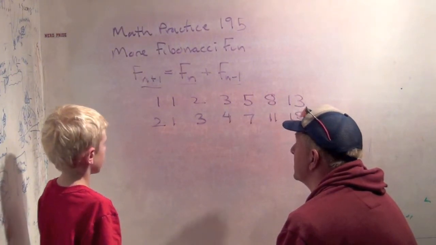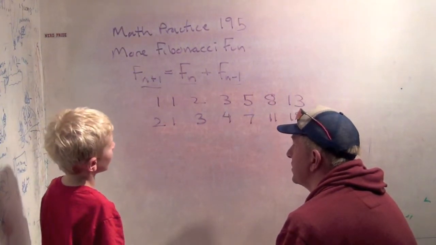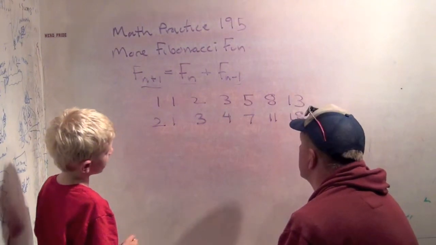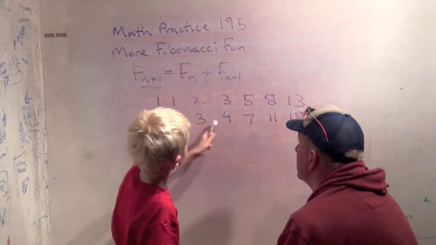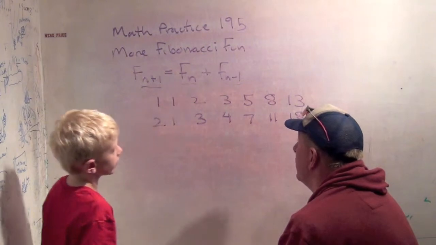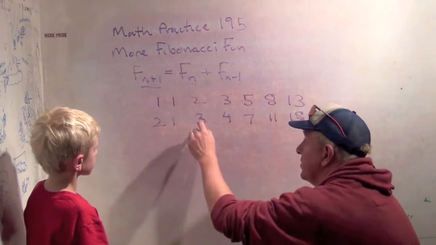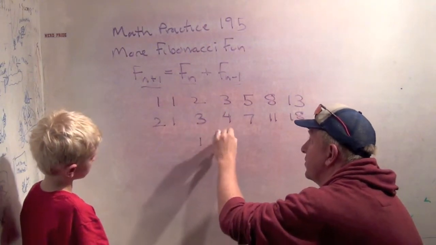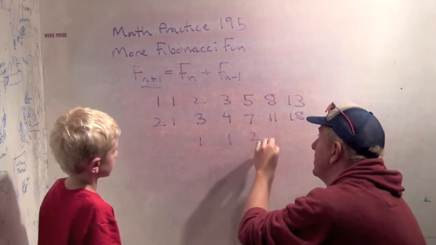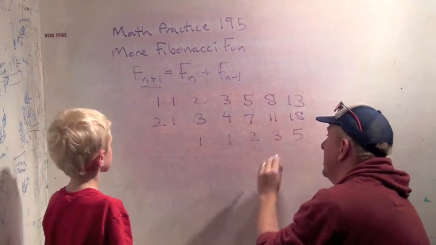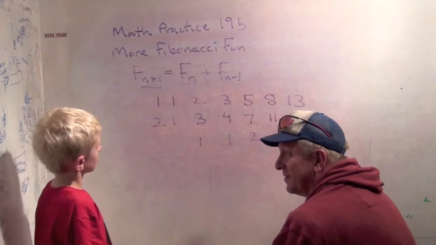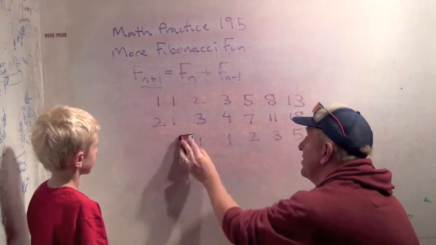That's interesting. I think I see a pattern. 1, 1, 2, 3, 5. This one's 1 greater, this one's 1 greater, this one's 2 greater, this one's 3 greater, that one's 5 greater. What does that remind you of? Fibonacci. Whoa, that's pretty neat.